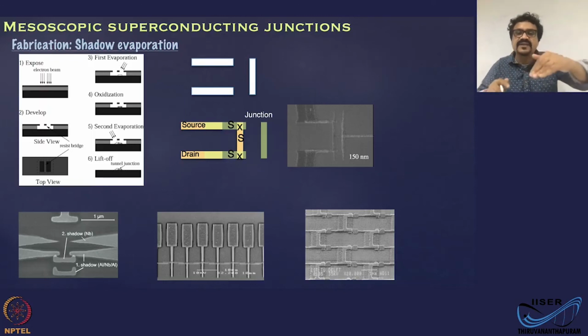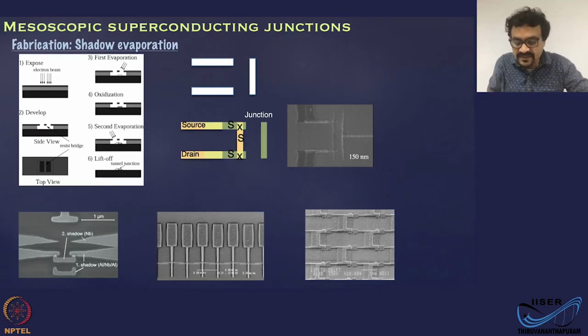After the formation of the oxide, you will pump out the oxygen, whatever we have put inside the chamber. Then you will do a second evaporation, but that will be from a different angle.